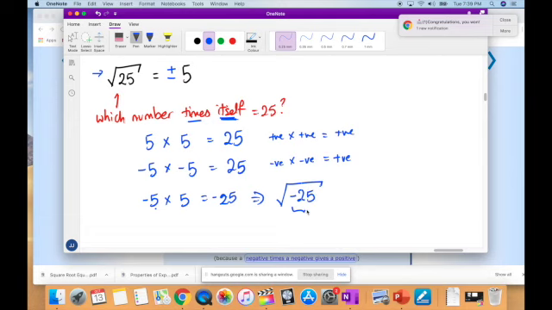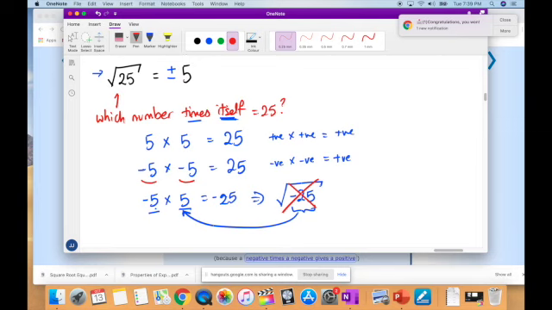Because how do you get a negative number? The only way to get a negative number is to multiply a negative by a positive. But guess what? That is not a number by itself. That is not a square root. The only way you'll have a square root is multiplying a number by itself.